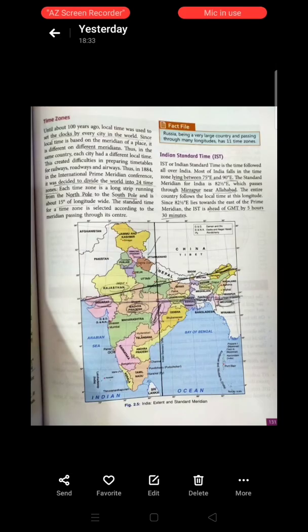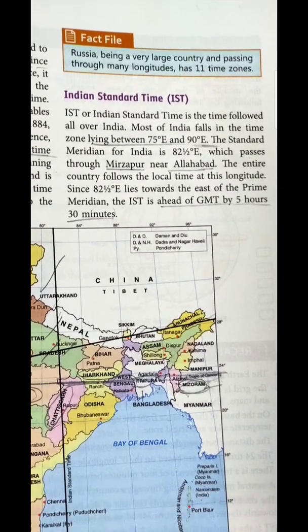This line is considered IST. It passes through most of the cities and states of India, and it lies between 75 degrees east and 90 degrees east. It is assumed at 82.5 degrees east, and it mainly passes through Mirzapur, which is near Allahabad.